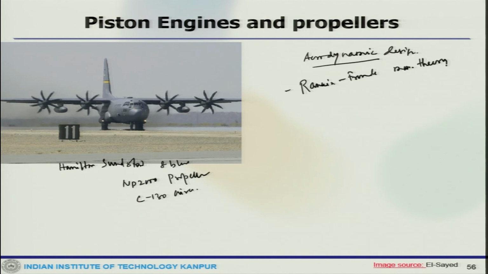So, this is what we can use to look at the aerodynamic design. We will now look at how the design of these different kinds of propellers is done, starting with some baseline theory and looking at how the design is considered. We will continue that discussion in the next class.